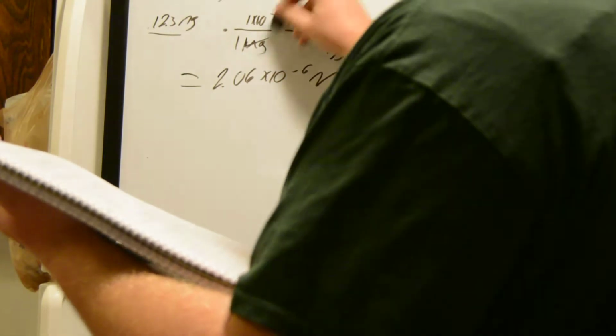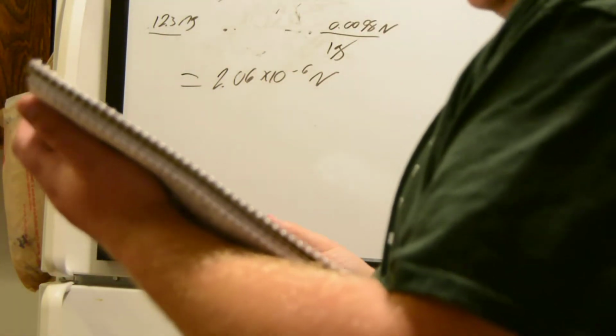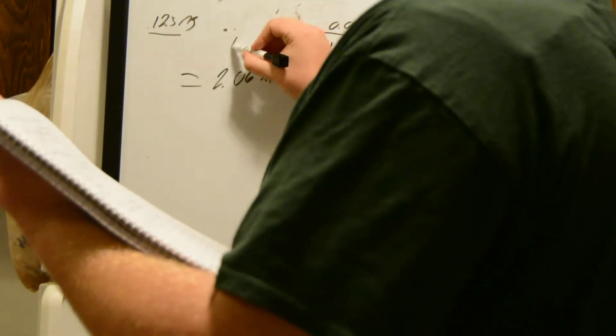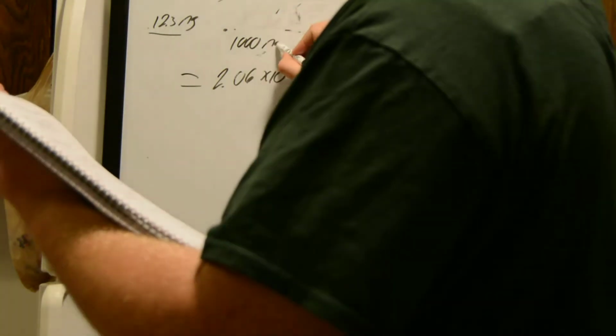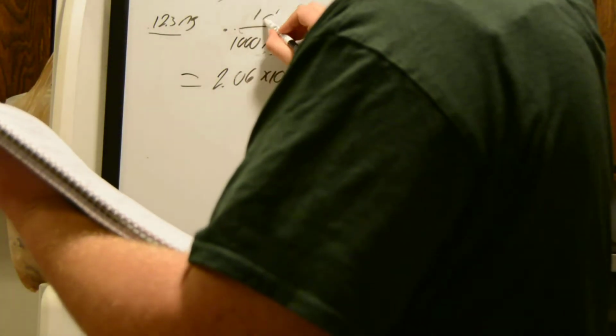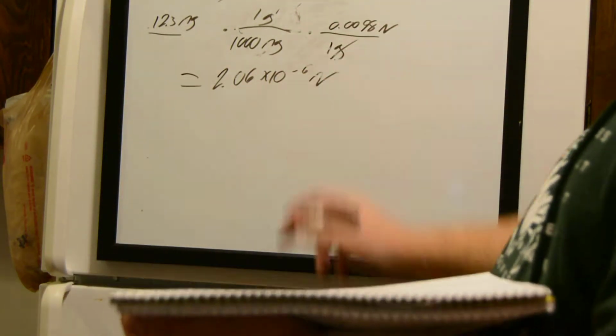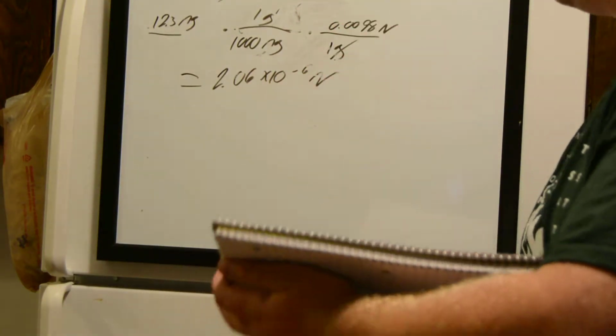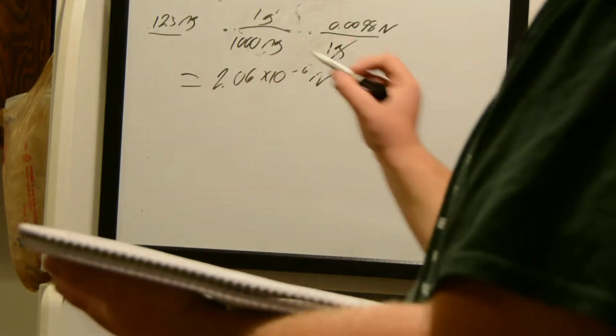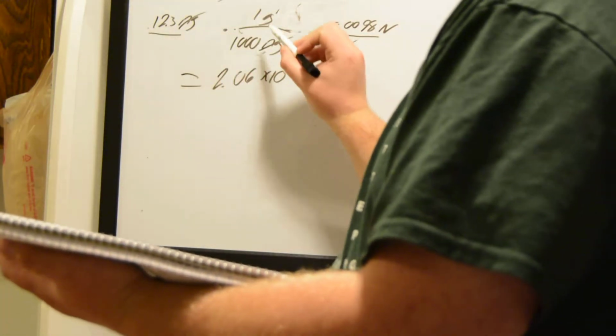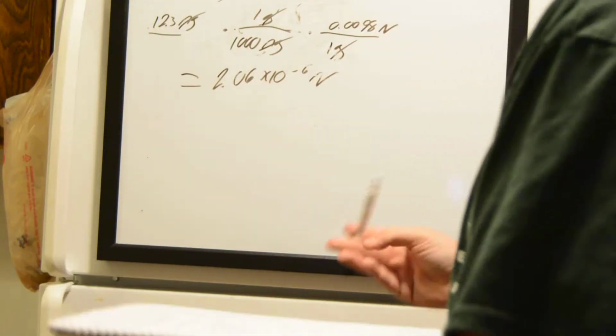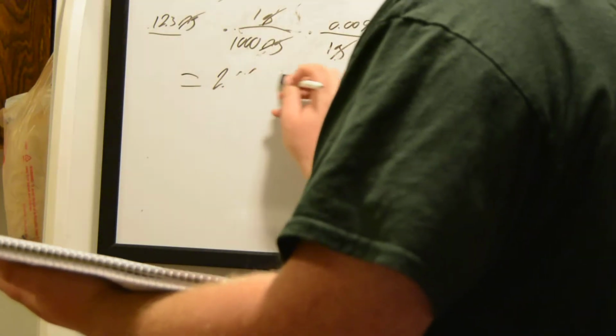And then we know that there are 1,000 milligrams in 1 gram. And then we can keep this conversion here, 1 gram to 0.0098 newtons. And then once again, milligrams cancels out milligrams, grams cancels out grams. We're left with newtons, which is what we want.